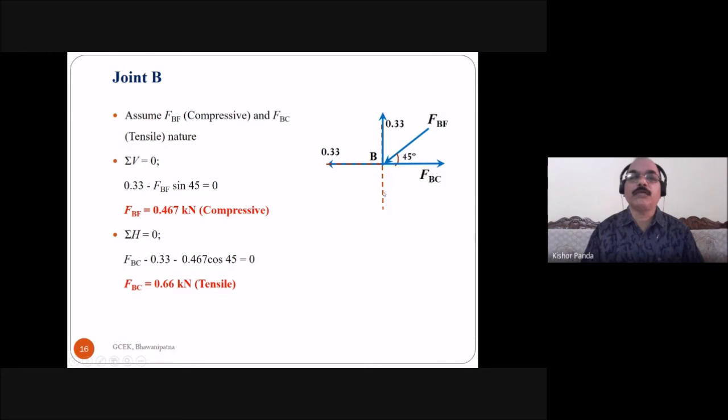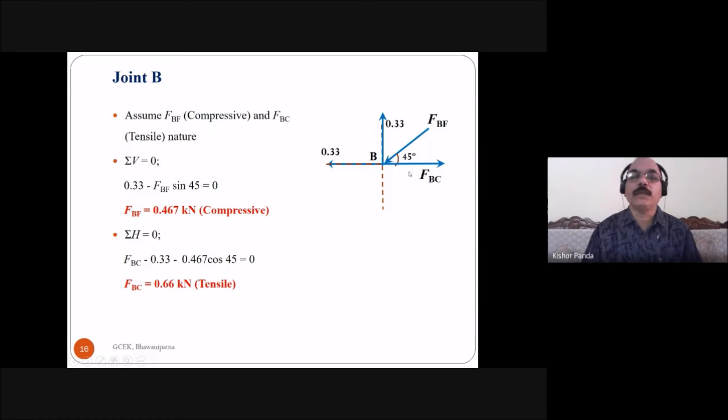This is the arrow mark in the downward direction. So 0.33 minus FBF sin 45 is equal to 0. Then FBF is equal to 0.467 kilonewton. Here you got a positive value and the assumed direction is okay. So the force in the member BF is 0.467 kilonewton compressive.